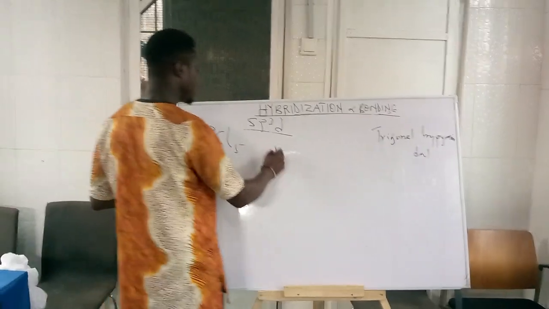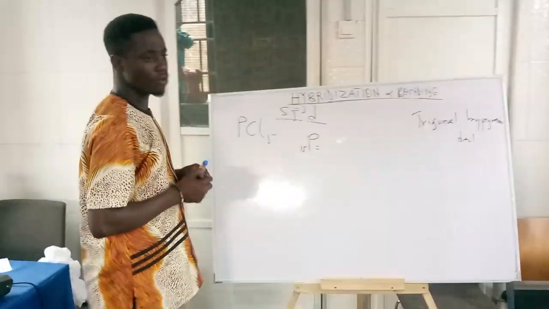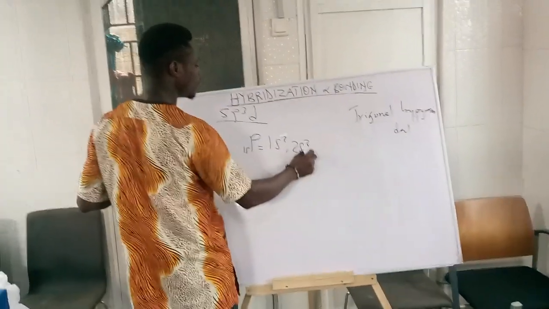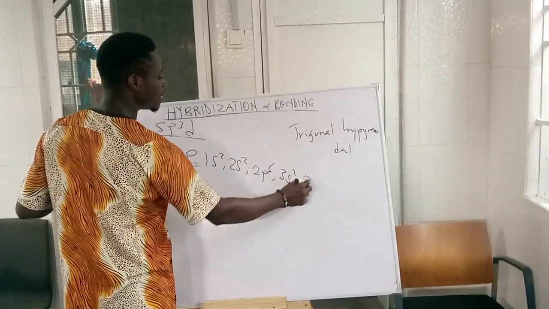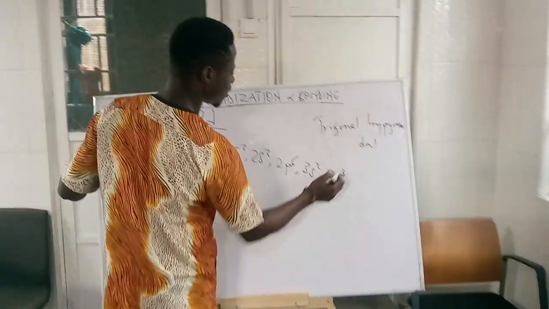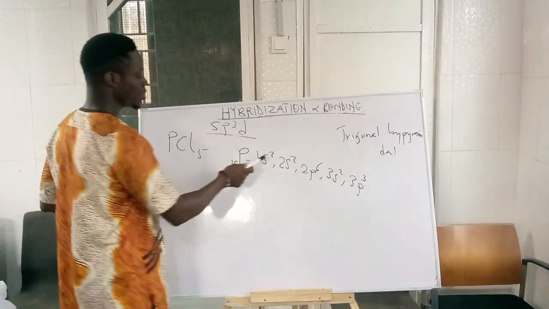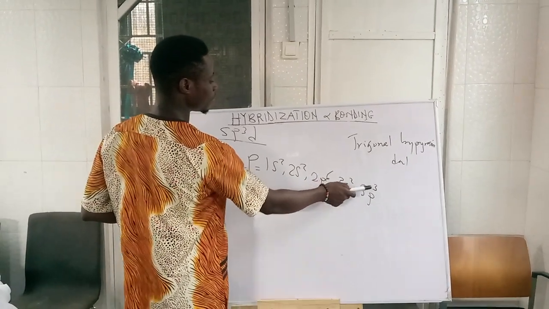So let's look at phosphorus, which is atomic number 15. If you want to write its configuration, it's going to be 1s2, 2s2, 2p6, 3s2, 3p3. Let's calculate: 2 plus 2 is 4, plus 6 is 10, plus 2 is 12, plus 3 is 15.